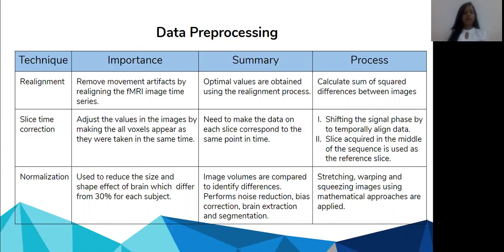It was applied to adjust the values in the image by making all voxels appear as if they were taken at the same time. In the normalization, we stretched, warped, and squeezed the image using mathematical approaches to reduce the size and shape effect of the brain.